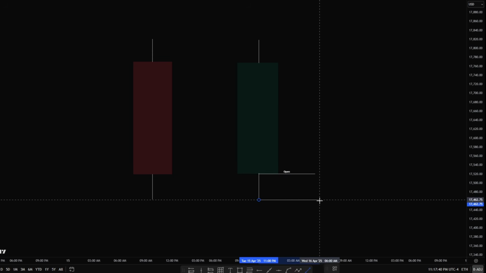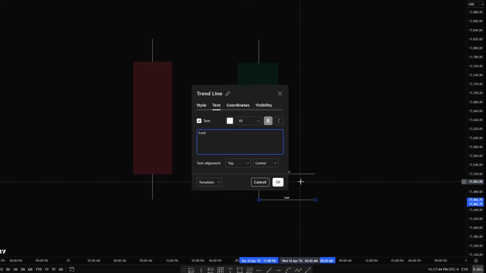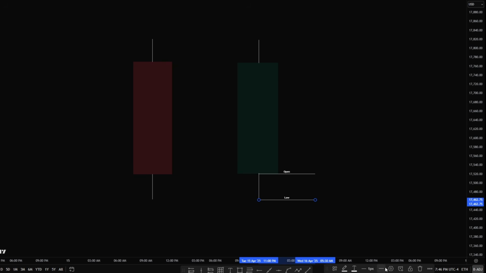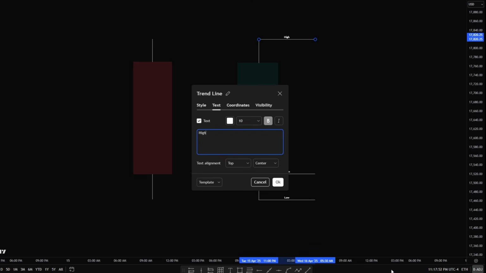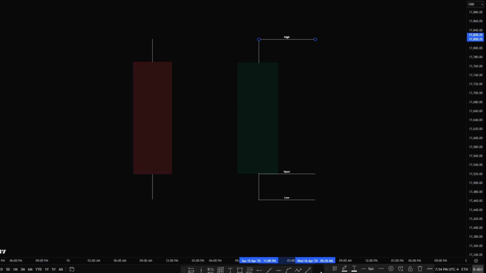The bottom right here will always be the low, I apologize. Above we have the high. And then right here always is where the candle close will be.